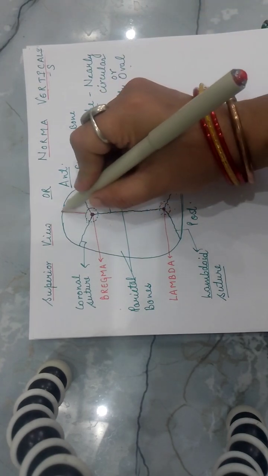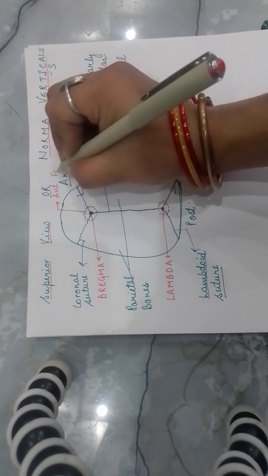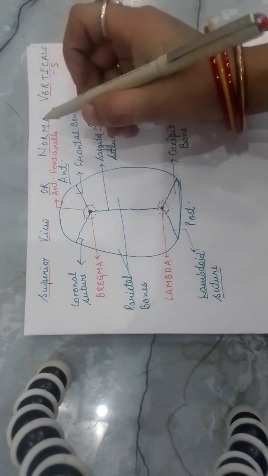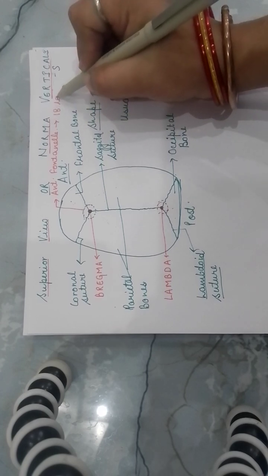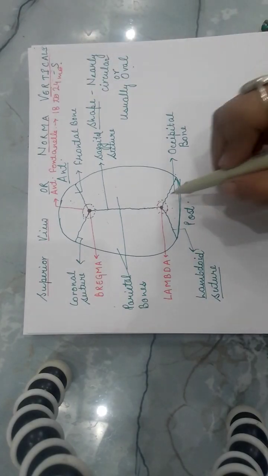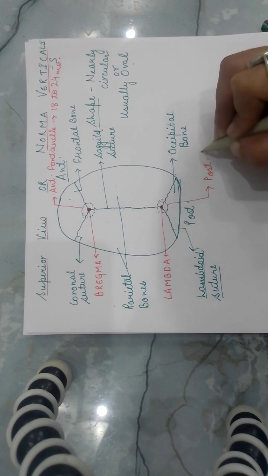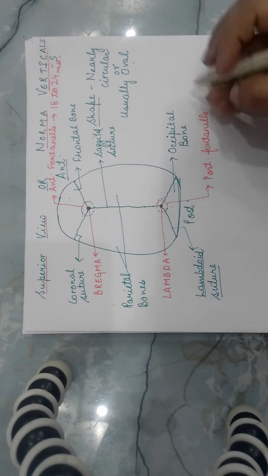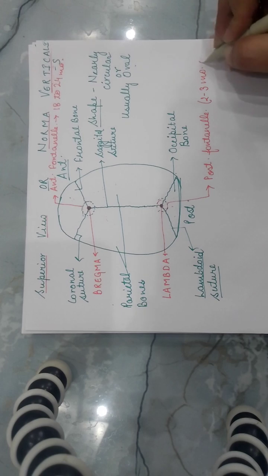This anterior fontanelle is seen until the age of 18 to 24 months, and this posterior fontanelle is seen until 2 to 3 months of age.